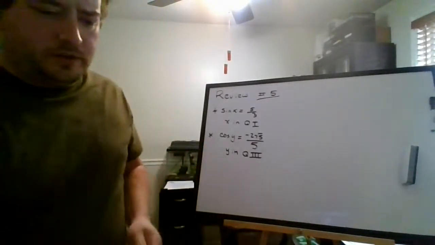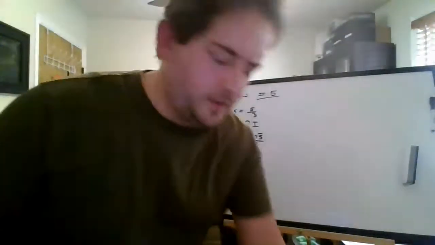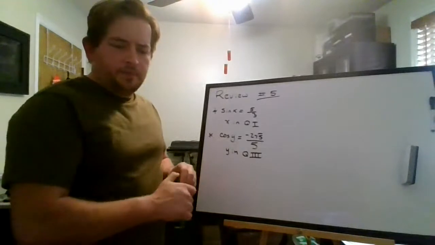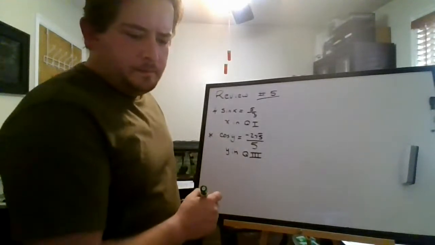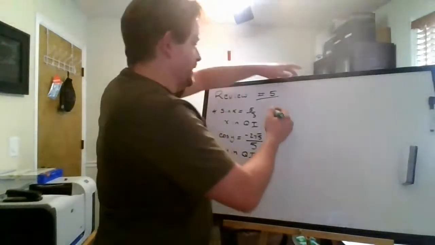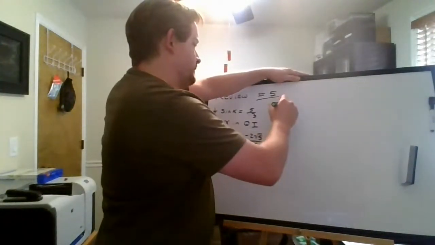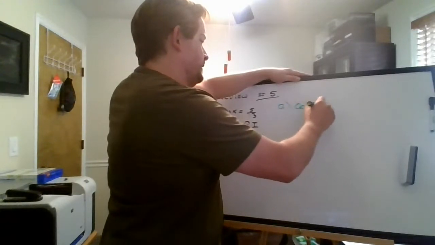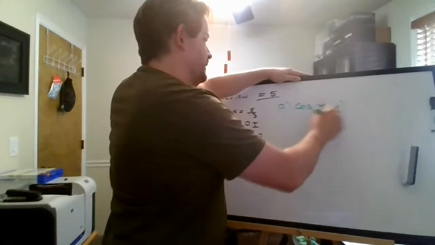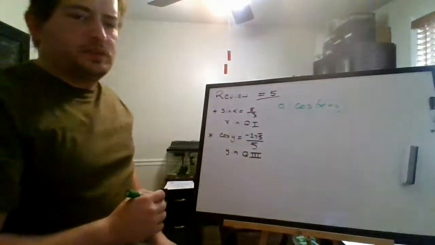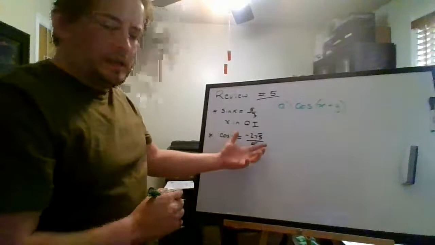So we'll start here with the first, and I'll do a couple of these. I won't do all of them, but I'll do a couple so that we can get the idea. The first thing they ask is what cosine of x plus y is. So you need to know that the cosine of x plus y is one of our identities.